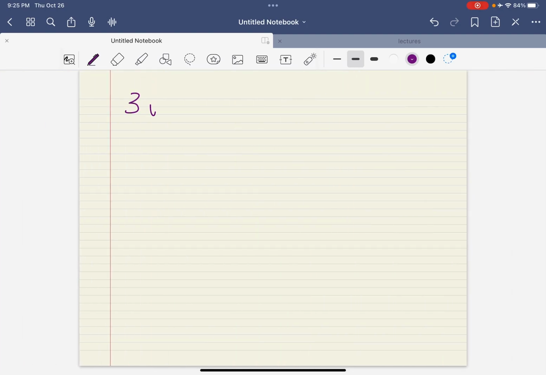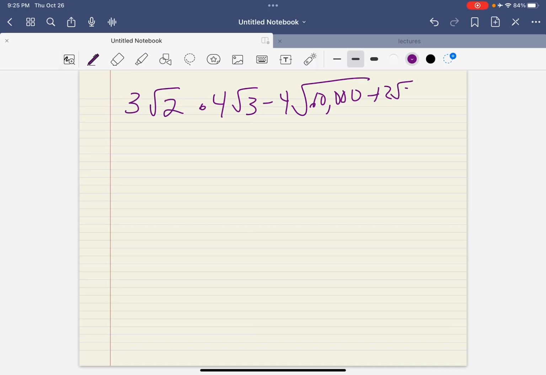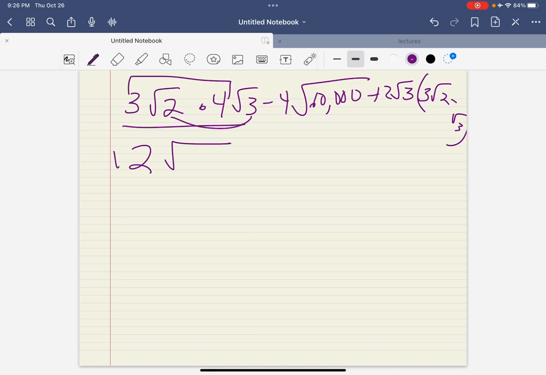So now number 23 is 3 square root of 2 times 4 square root of 3 minus 4 square root of 60,000 plus 2 square root of 3 times 3 square root of 2 minus square root of 3. Sorry, I ran out of room there. Okay, so these are multiplied. So we multiply the numbers outside, and then we multiply the numbers underneath the radical.